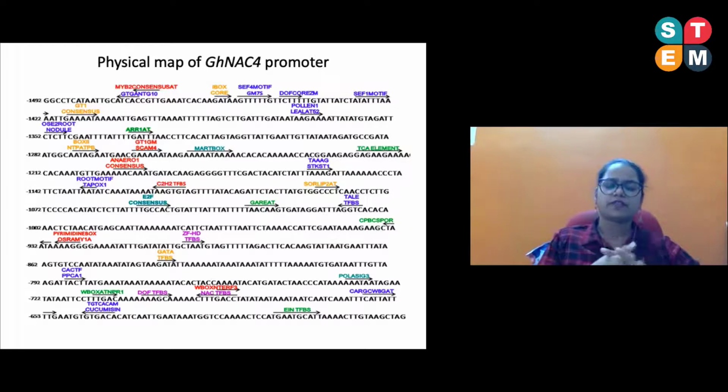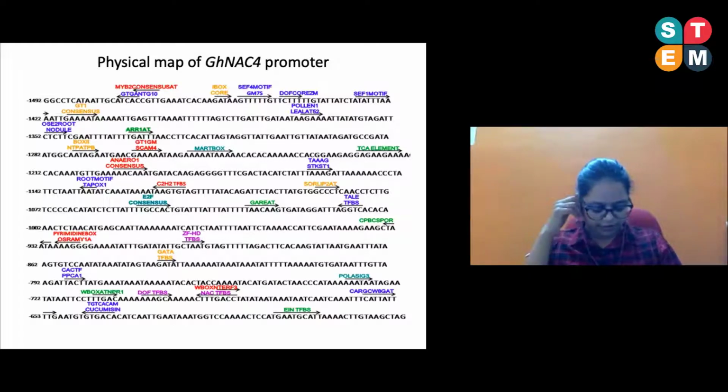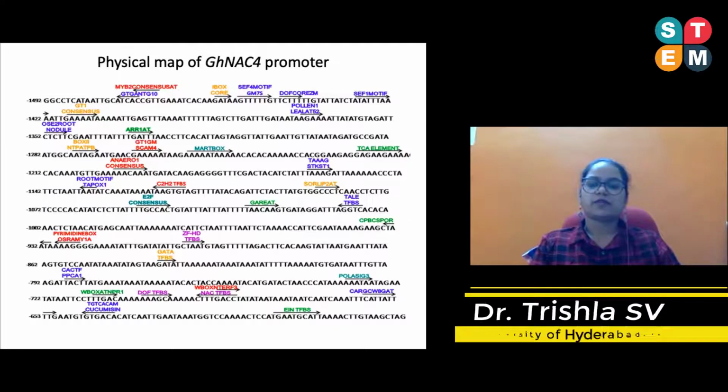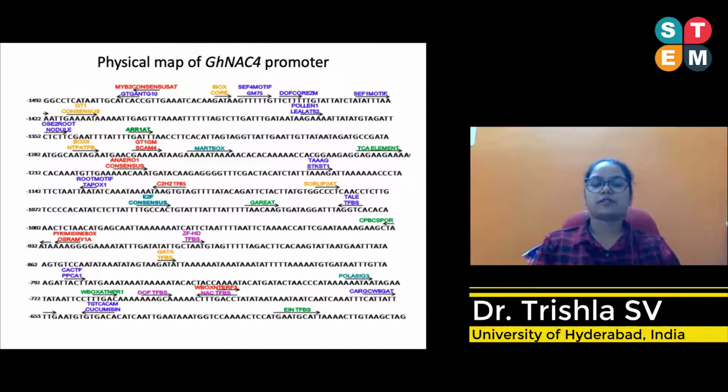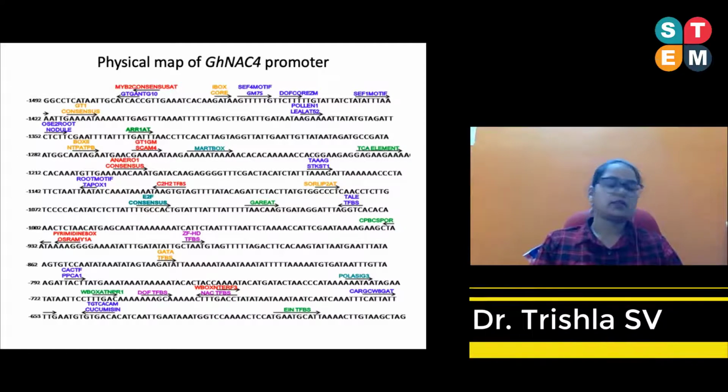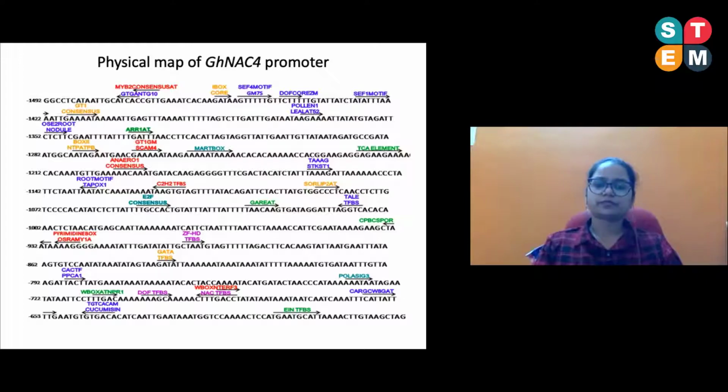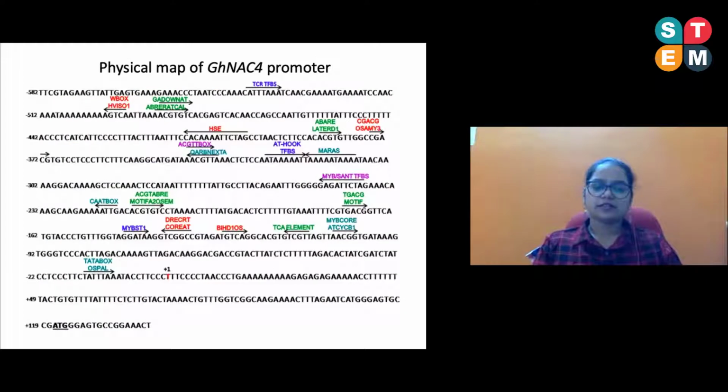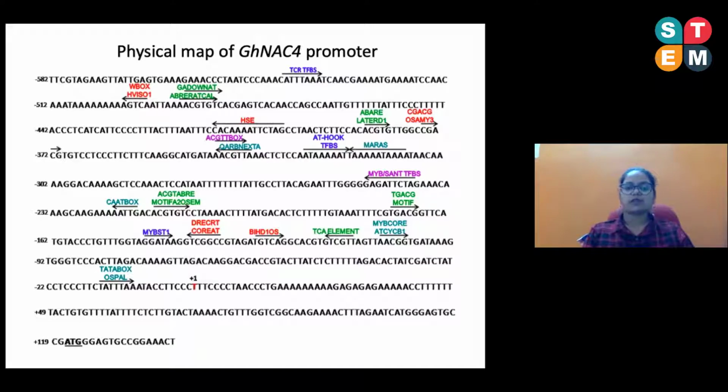We observed that several motifs required for hormone responsiveness, stress responsiveness, tissue specificity, and light responsiveness were present in the promoter region. And here is the physical map showing the location of the cis-acting elements of the promoter region.